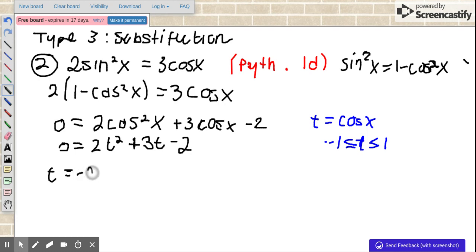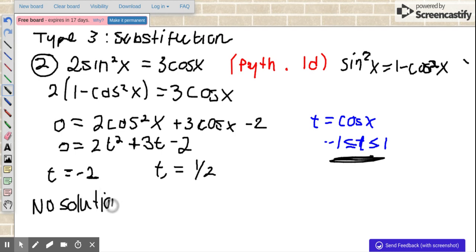By valid, I mean that these are values for t, but the issue here for t equal to minus 2 is that we can't be equal to minus 2 because of this. So therefore, this first answer doesn't lead to any solution for this equation. The second one does though. So let's substitute back and get cos of x is equal to 1/2.